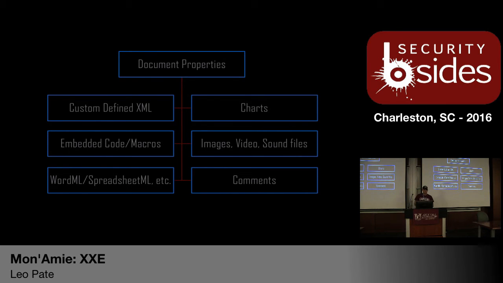Then you might have Word markup language, spreadsheet markup language, PowerPoint markup language, etc. Any charts, like smart charts or charts you just created in the document, you can put in there, as well as images, video, and sound files that we talked about earlier, and the comments. With the markup language, you have editing on Word documents that tracks, I deleted this word and added this word instead.